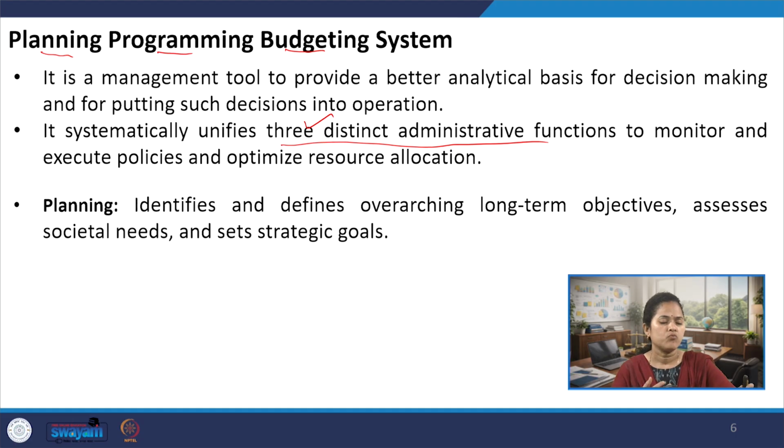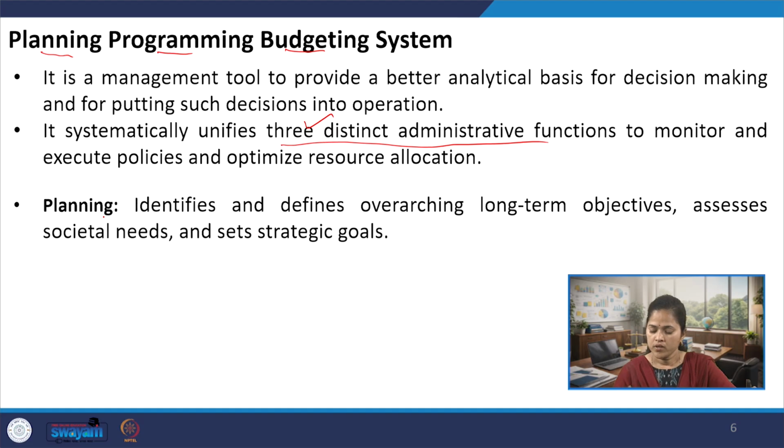Okay. So, under planning, what exactly is to be done for monitoring the policies or programs or a particular task? Under this planning, there is a need to identify and define the objectives: identification and definition of the long term objectives of the said policy or program is to be done.